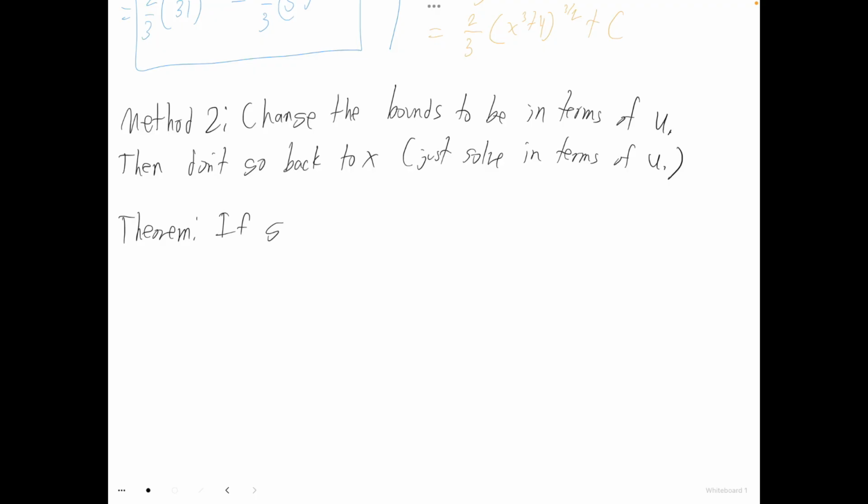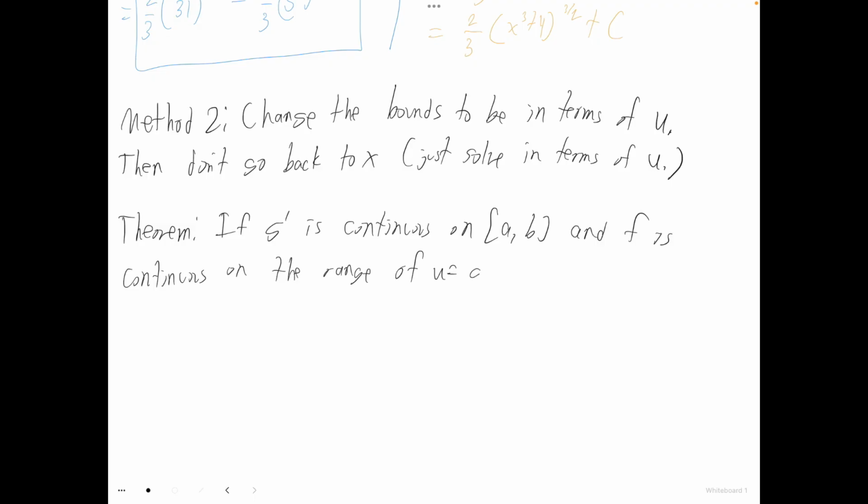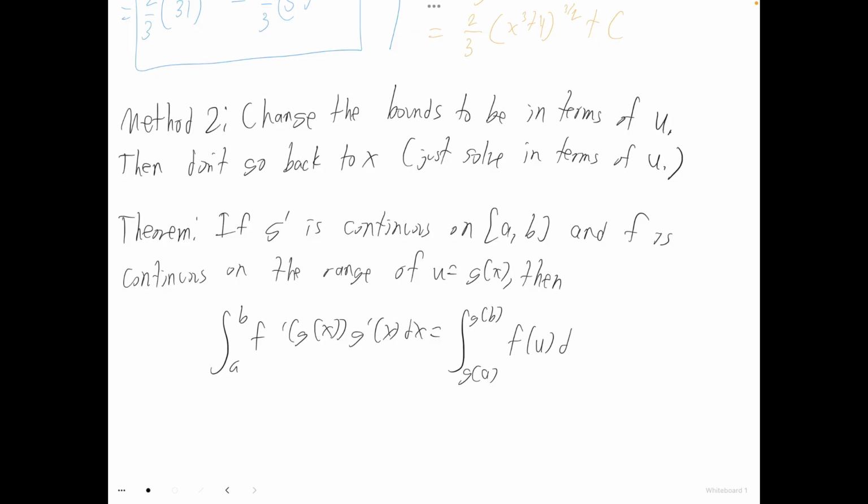So if g prime is continuous on the closed interval a to b, and f is continuous on the range of u equals g of x, then the integral from a to b of f of g of x times g prime of x is equal to the integral from g of a to g of b of f of u du.